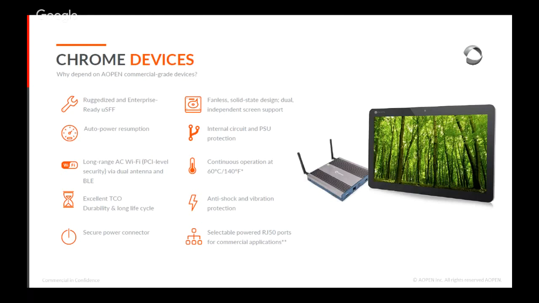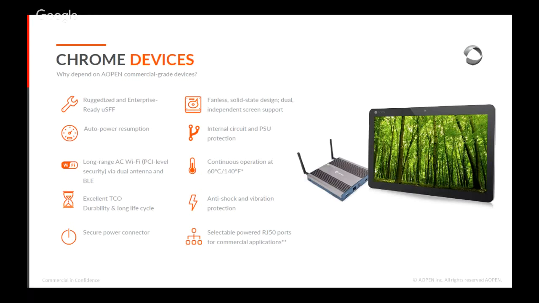So to talk a little bit more about the features involved with our commercial devices across all of them is, obviously, as I mentioned, the ruggedized. Another super important commercial feature that you may not have considered is the auto power resumption. Consumer devices, they're not designed to restart if there's a power blip.